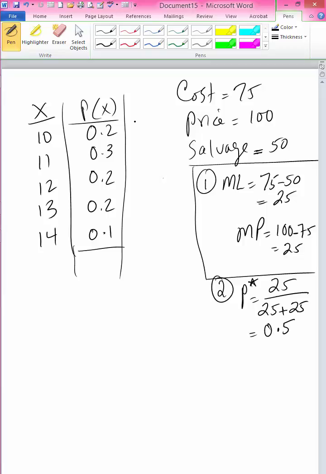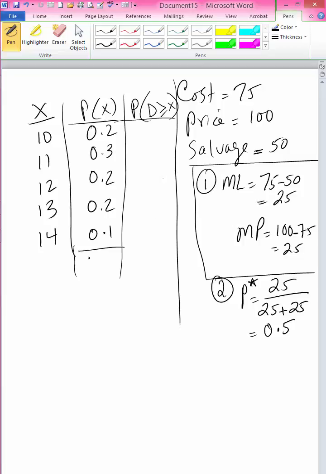The third step is to compute a cumulative demand distribution column. So probability that demand is greater than or equal to X, and we must populate that column.